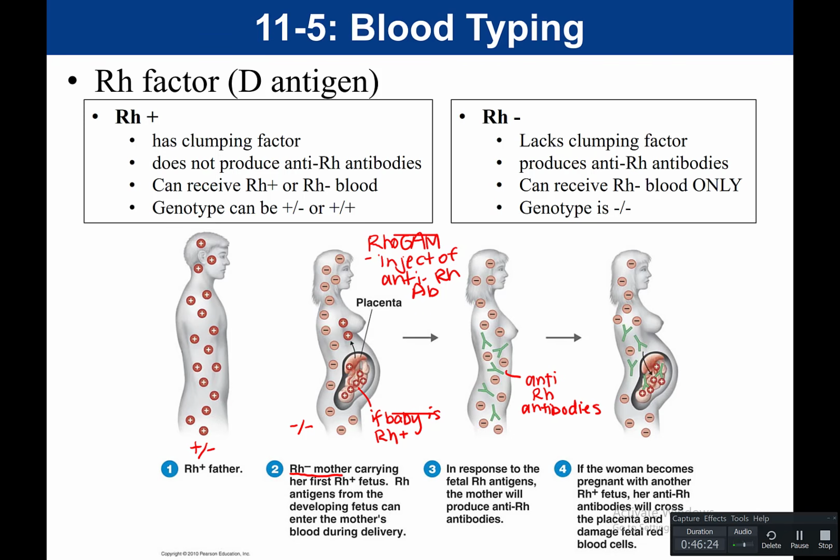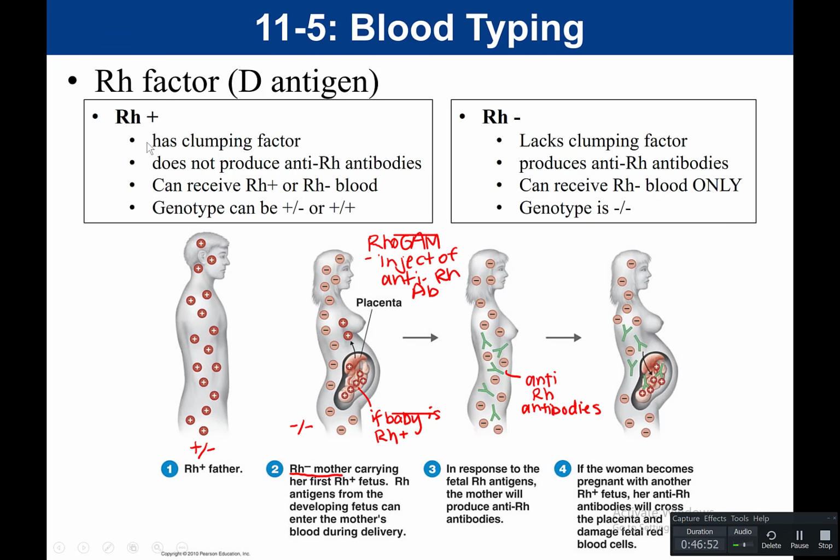So the Rh factor is what we call the D antigen. You want to understand that if somebody is Rh positive, that means that they have this clumping factor, they have this D antigen. If somebody is Rh positive, they do not produce anti-Rh antibodies because Rh is seen as self. Somebody who is Rh positive can receive Rh positive or Rh negative blood.